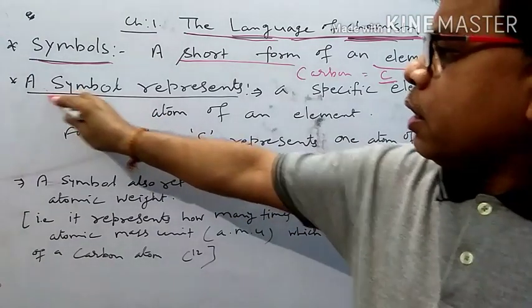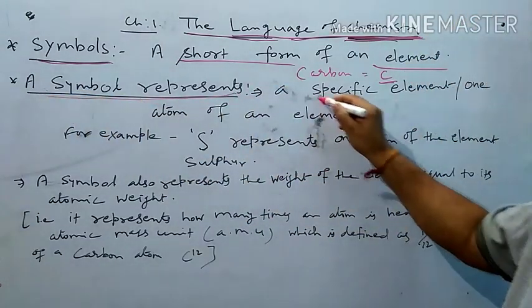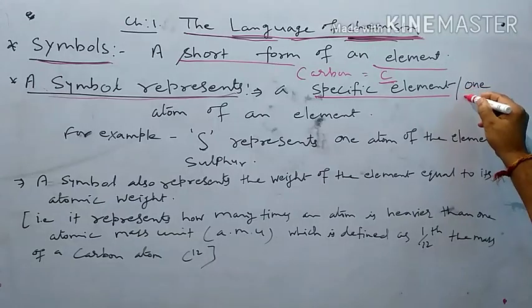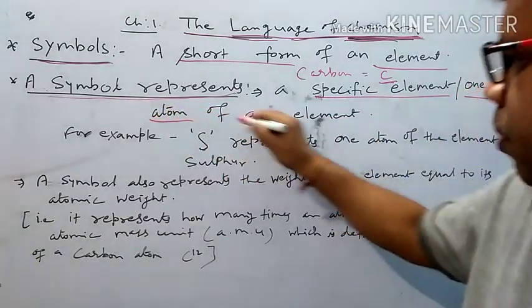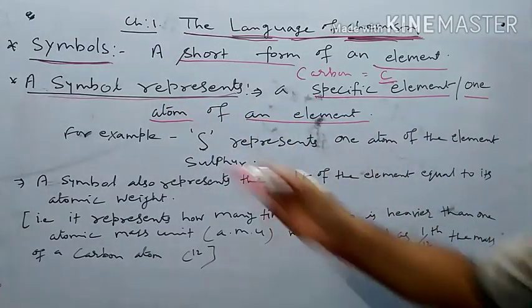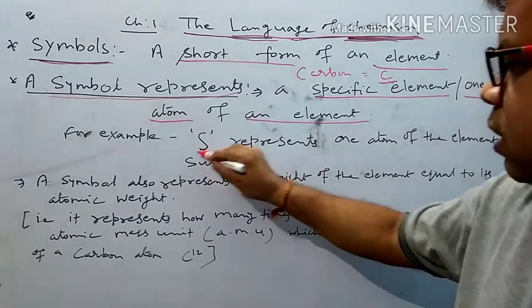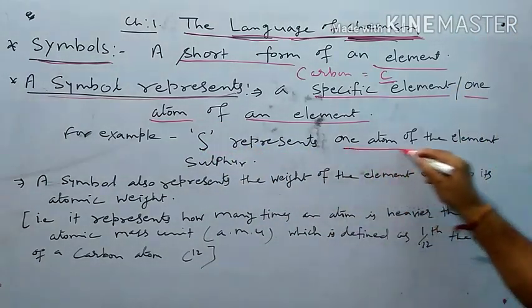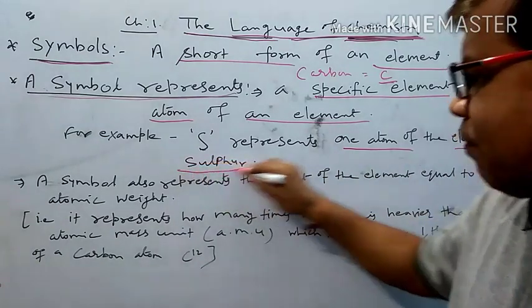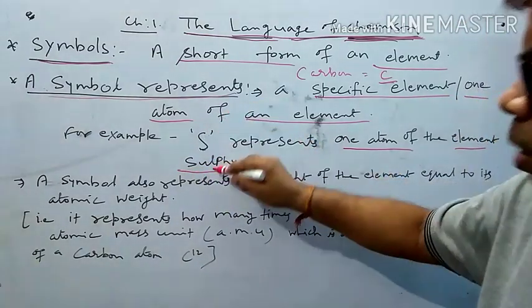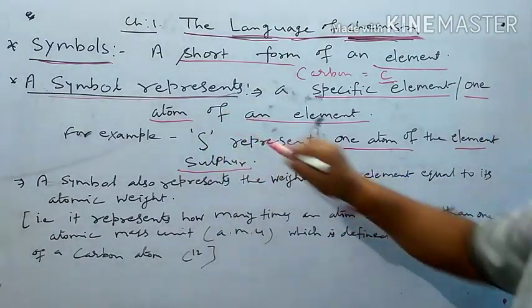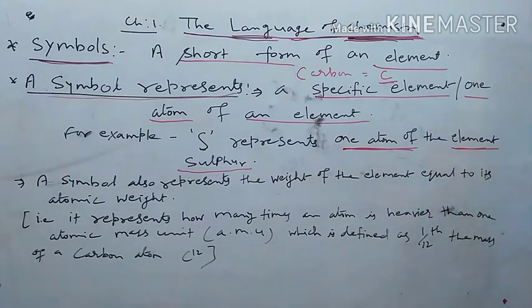A symbol represents a specific element or one atom of an element. For example, S represents one atom of the element sulfur. S is the symbol of sulfur and it represents one atom of sulfur.